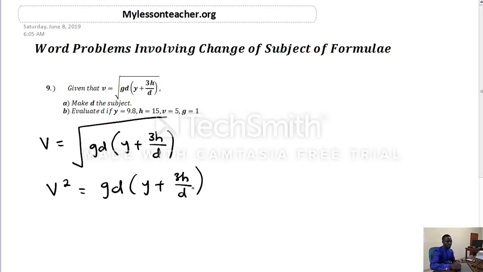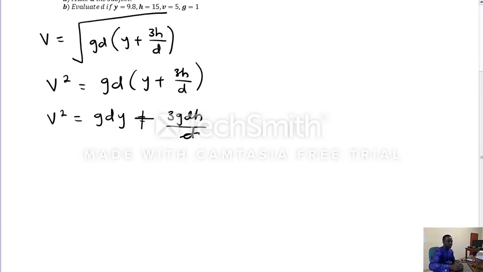I'm going to open this bracket, so that this gives me V squared is equal to GDY plus 3GDH divided by D, of which D will cancel D, leaving our expression to be V squared is equal to GDY plus 3GH.